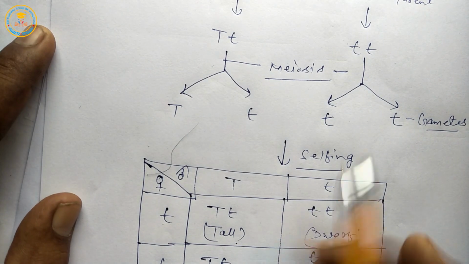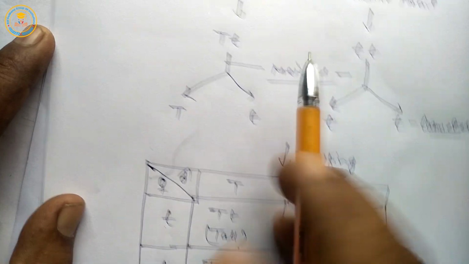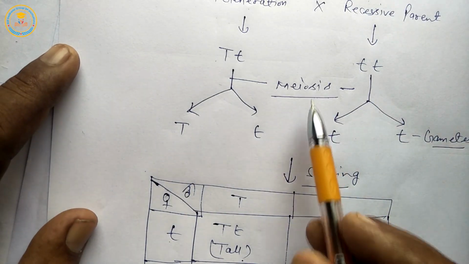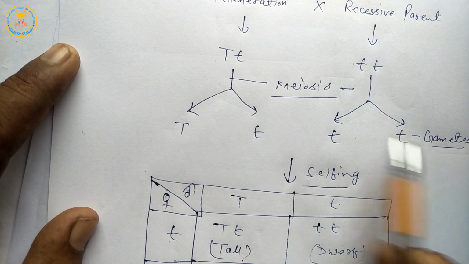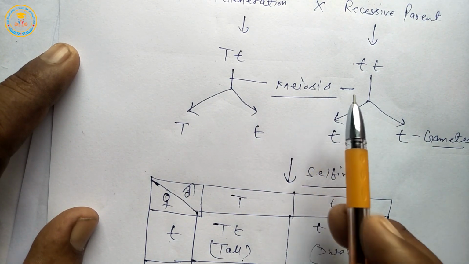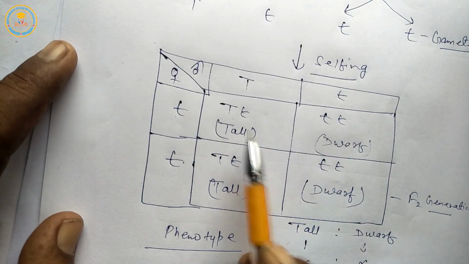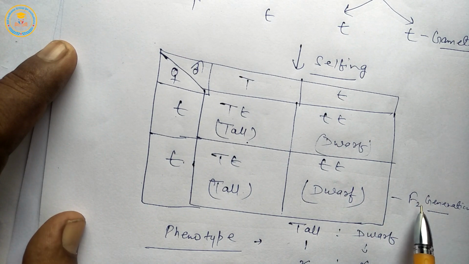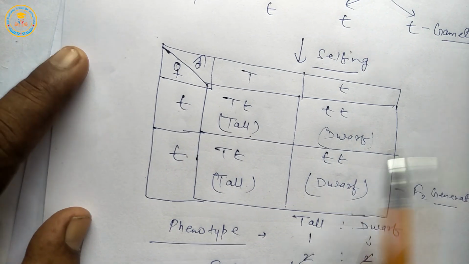Next process is meiosis. Students remember, it is a type of division. In this division, gametes are formed or developed, it is also known as reduction division. Next process is selfing. 4 plants are developed in F2 generation. 2 plants are hybrid tall, 2 are dwarf.